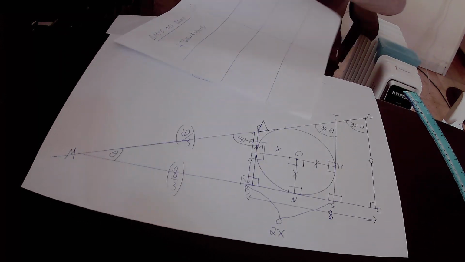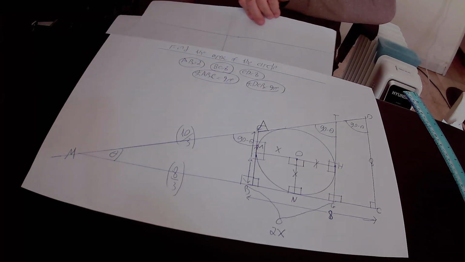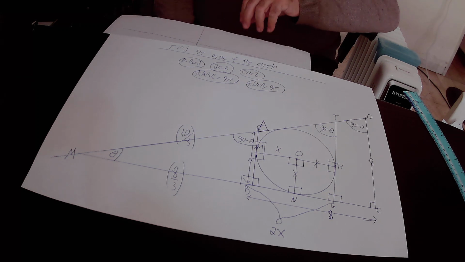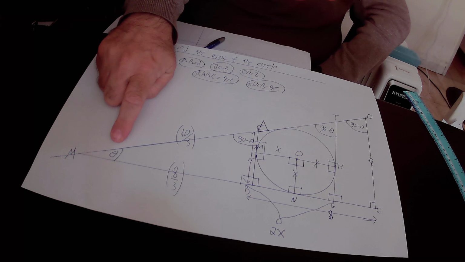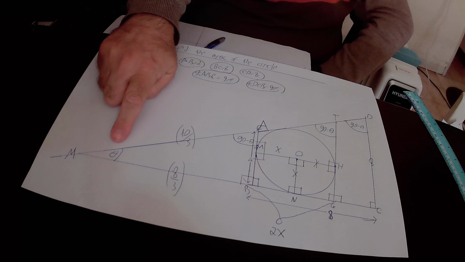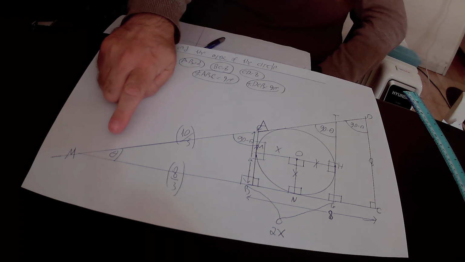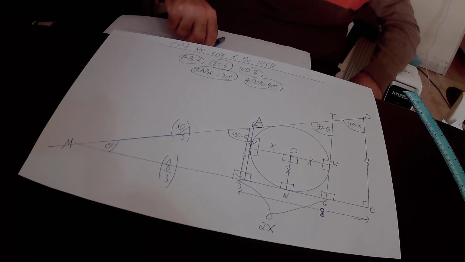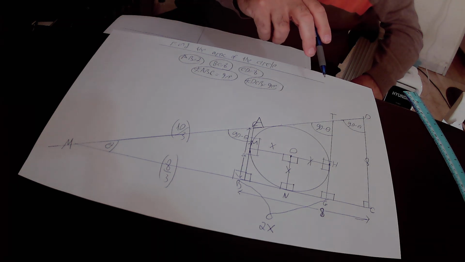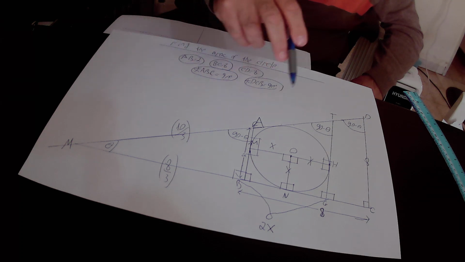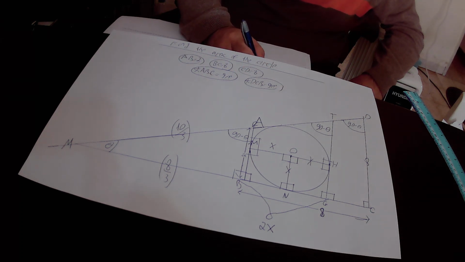In addition, this is angle theta, that is a common angle. It belongs to both triangles, so we can write down that angle theta equals itself. Angle theta can be called angle TMG, and it equals itself.